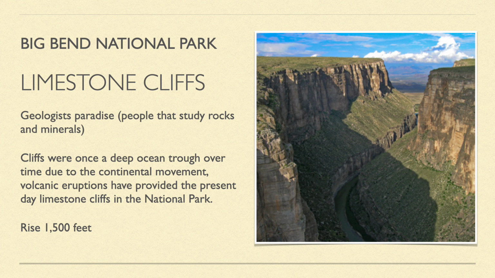They have been shaped over thousands of years. The cliffs rise 1,500 feet in the air. They're massive. Now, limestone, again, remember, is a natural resource that we have in our country. And this is an example of where you can find limestone.